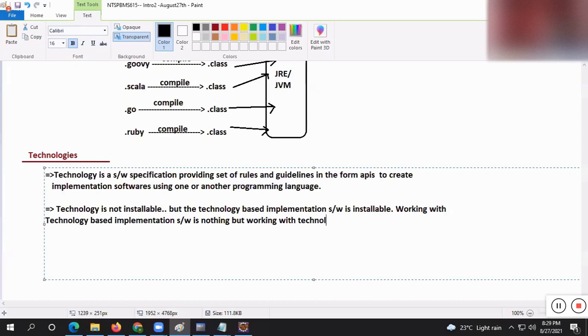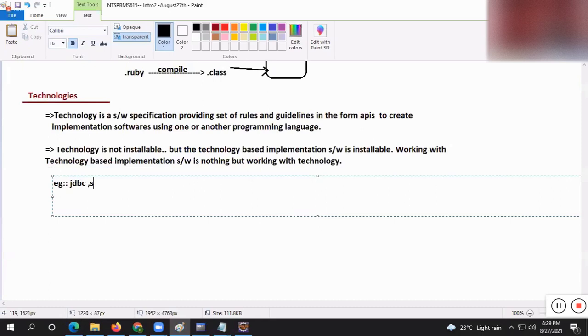Working with technology. Right. Examples: JDBC, Servlet, JSP, EJB, JMS, JAS, Java Mail, and so on. Right now just enjoy the names. Don't get into technical details. JSP is Java Server Pages, EJB is Enterprise Java Beans.